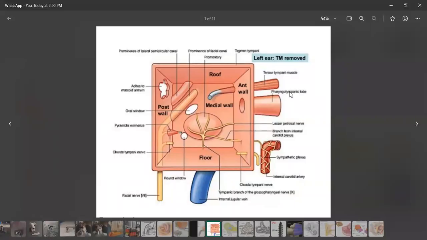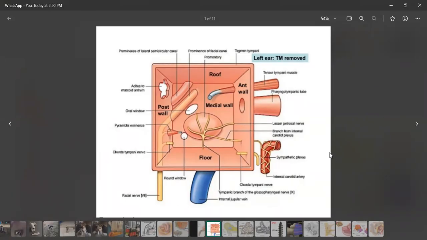Then you have the auditory tube. The auditory tube starts at the nasopharynx, and from the nasopharynx, it will enter the middle ear through this anterior wall. The auditory tube is what maintains a pressure equilibrium between the middle ear and the nasopharynx.